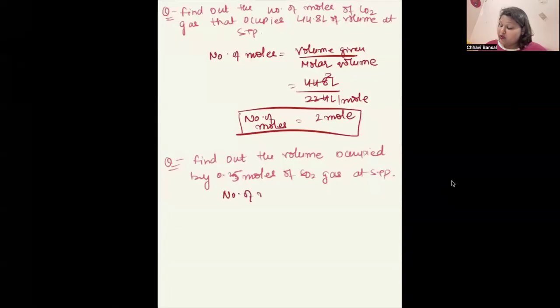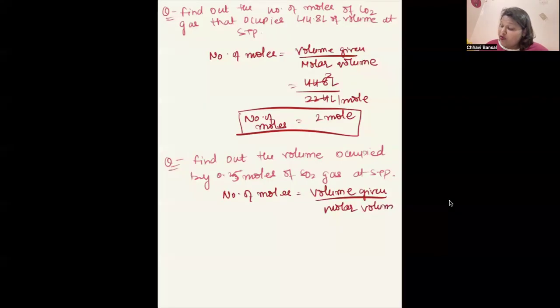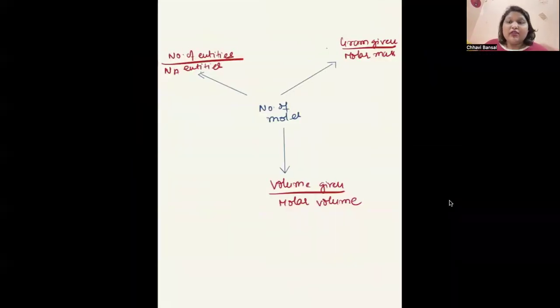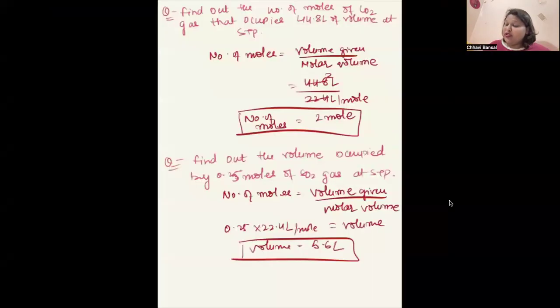Number of moles equals volume given divided by molar volume. So now we are given the number of moles, which is 0.25, multiply 22.4 liter per mole gives the volume. So the volume comes out to be 5.6 liter. Okay. This is the first set of question where we are dealing with the number of moles and the volume. Okay, let's go with the second type.